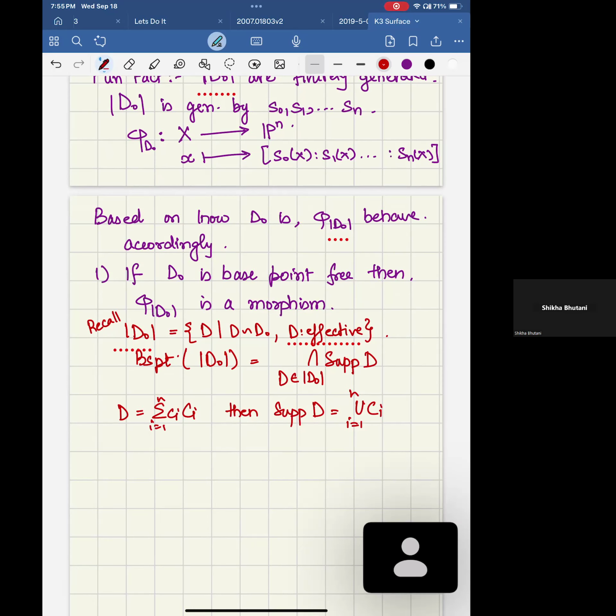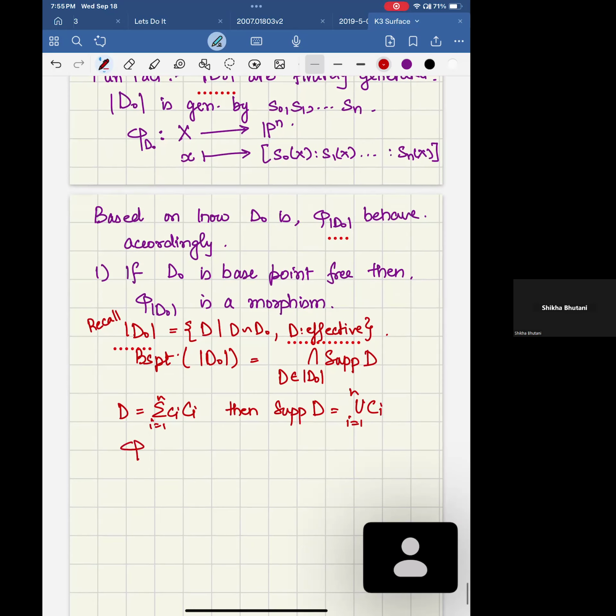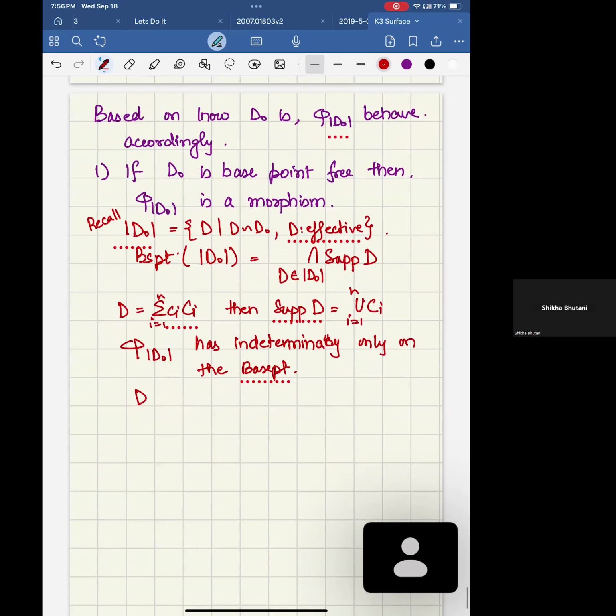Now what happens is that the map that you define corresponding to this linear system has indeterminacy exactly on these base points. It has indeterminacy only on the base points. Okay, so you call D naught base point free if the base point set corresponding to D naught is empty.